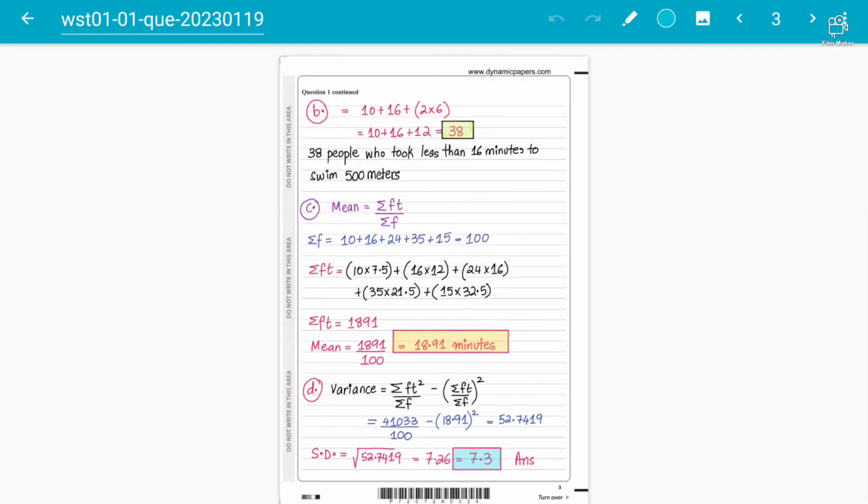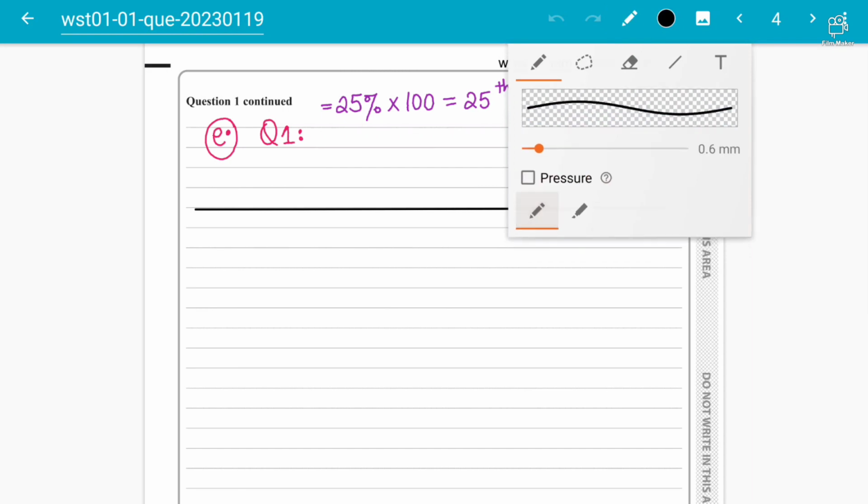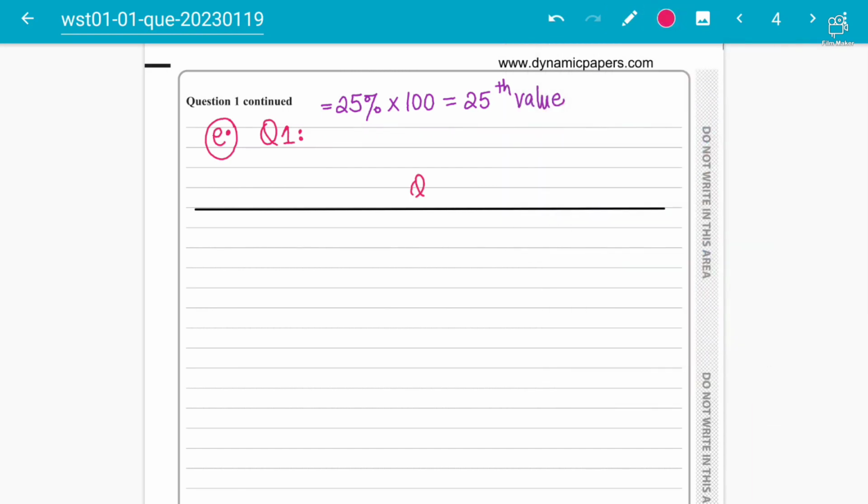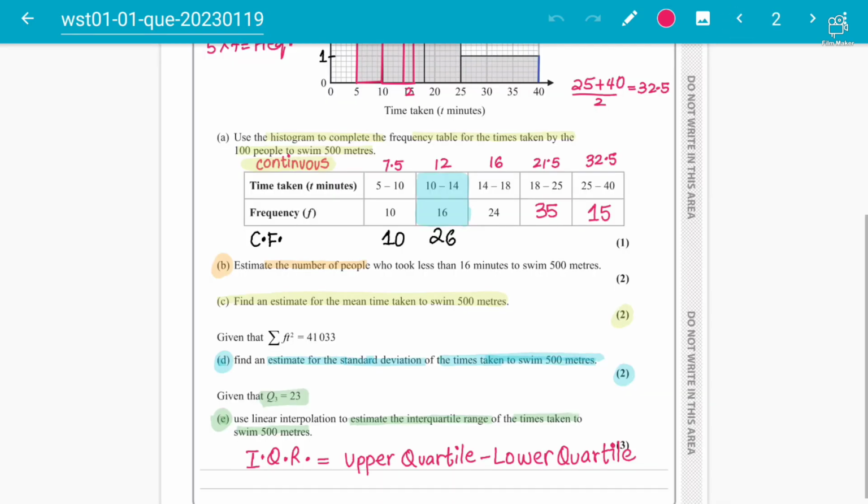Now, using the interpolation, how do you get it? You write down that Q1 is this. On top you write down the x limits, which are the class width limits, and in the denominator you write down the value that you need, 25. So these are the x values at the top, the t minutes values, and below is the frequency value. The starting value is 10 and the ending value is 14.